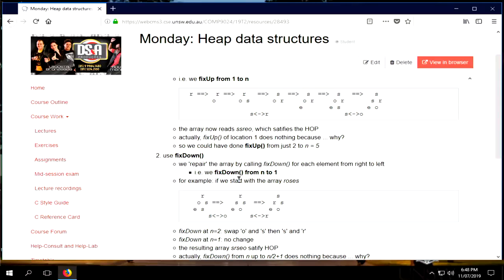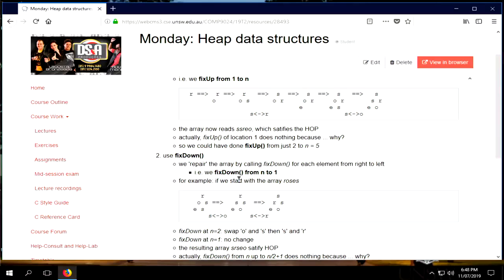I heapify, fix up, against the things I've already read, which of course you've already heaped too. So it's all fine. It's just going right to left that the trick or the trap is that you can call fix up when you go right to left.